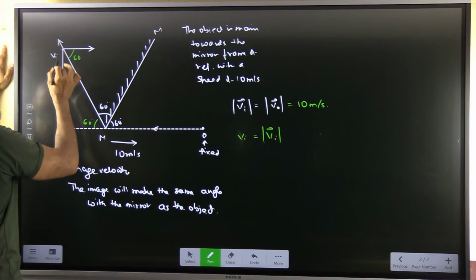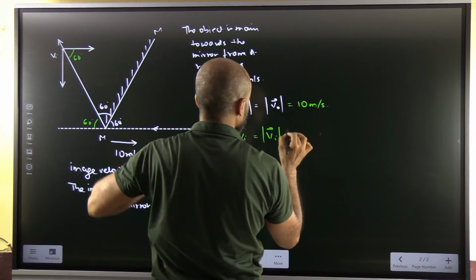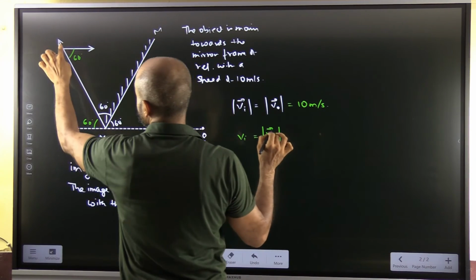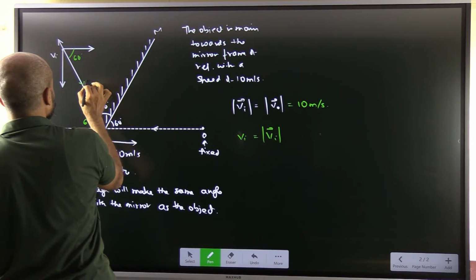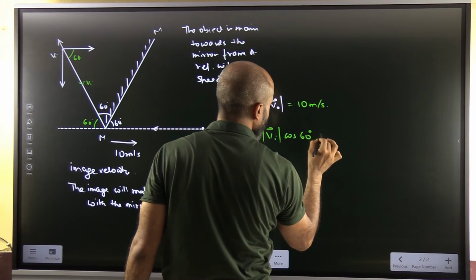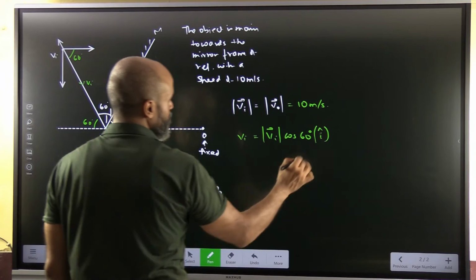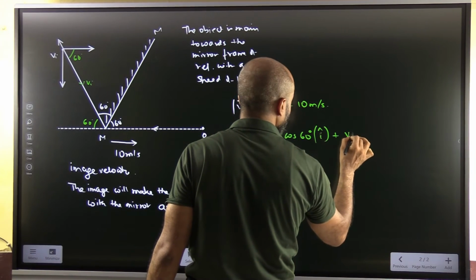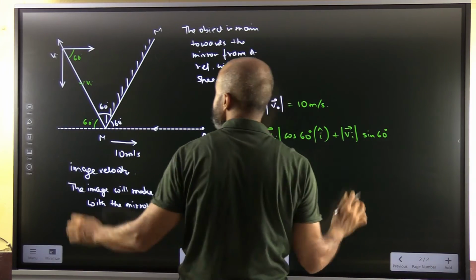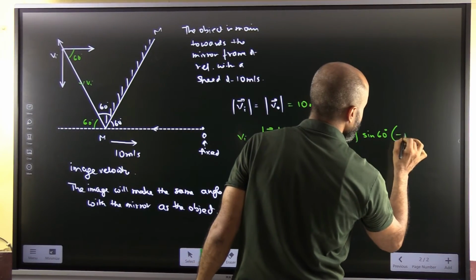Okay, so along the x-axis, it is moving in a positive direction. So the velocity of the image, this is the velocity of the image. So this will be Vi cos 60 degrees i cap, plus Vi sin 60 degrees, but this is moving in this direction, so this is the minus j cap.